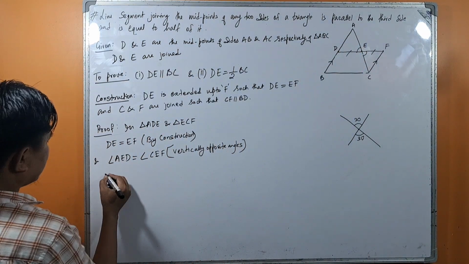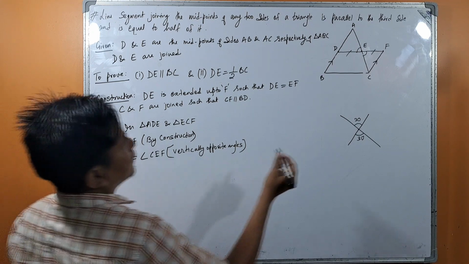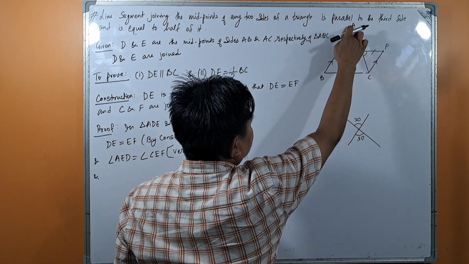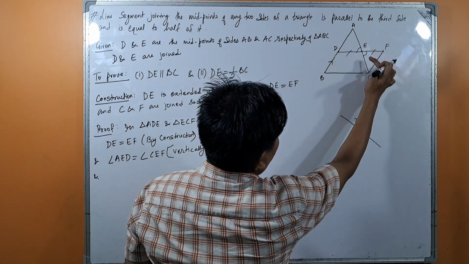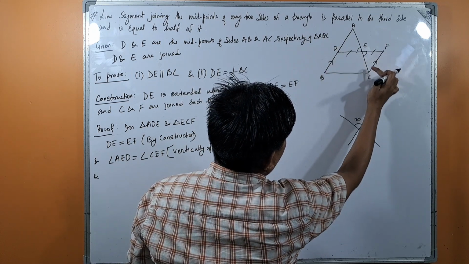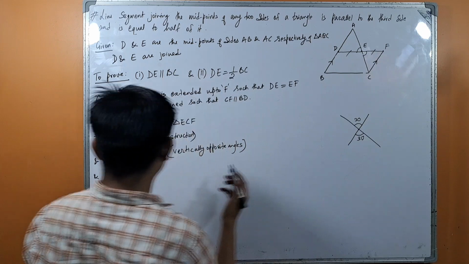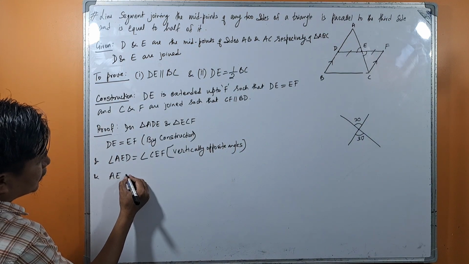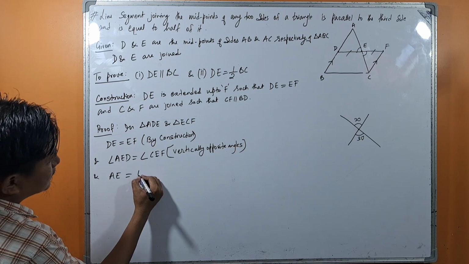Now, we have side AE of triangle ADE and side EC of triangle ECF equal. Side AE is equal to side EC.